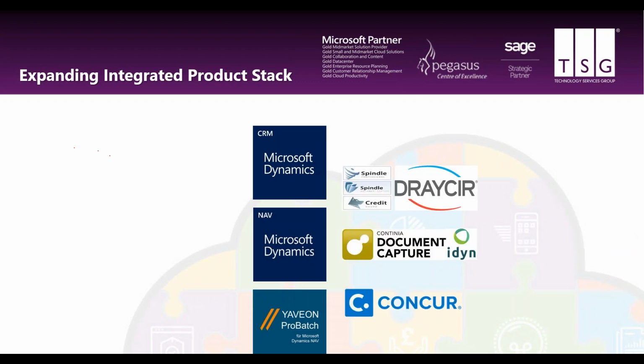We have quite a few nice products handling document management. We have Spindle, particularly good at distributing various documents to individuals or groups of people, such as statements and invoices. Document capture, the Cortinia version of document capture, is quite exciting, as this reduces time and effort in entering purchase invoices and matching them to your purchase orders. And we also have a Concur expense management solution.